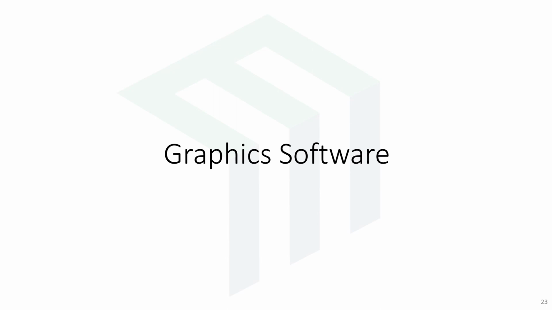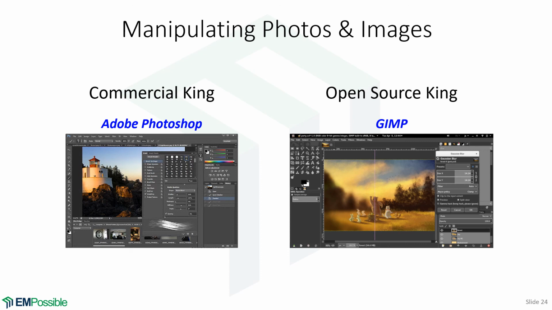We'll end this with a quick overview of some graphics software. So for manipulating photos and images, there's going to be a whole bunch of different opinions on this, so I'll just go into it anyway. But the commercial king, I think, for manipulating photos and images is Adobe Photoshop. I know there's also Corel Draw and many other things, but let me just get away with saying I think the commercial king is Adobe Photoshop. If you have access to that, that is an awesome tool. If you're an open source type person, GIMP is a very good software package.